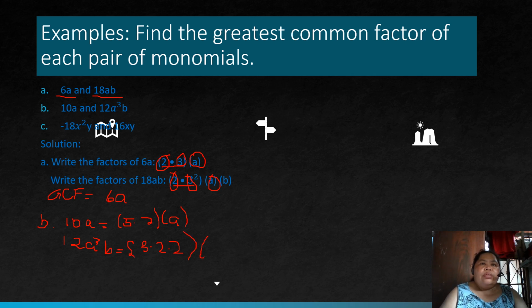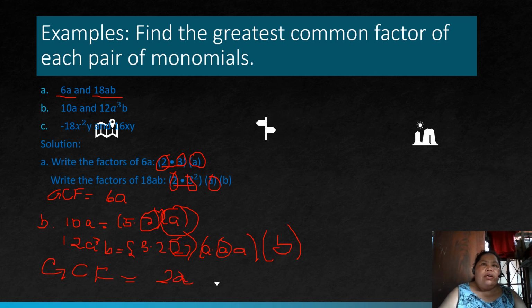And then we have 3 a's, and then we have b. Okay, so upon examining, we have 2 and we have a. Therefore, the GCF of 10a and 12a cubed b is 2a.